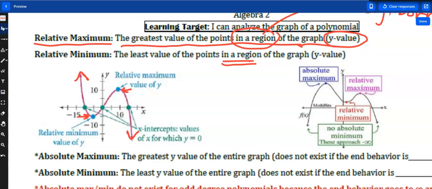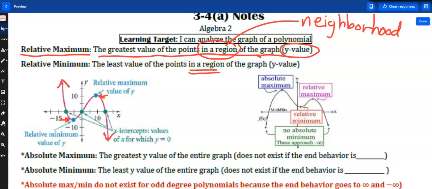But absolute max, the greatest y value of the entire graph, does not exist if the end behavior is up, either end behavior. And then absolute min does not exist if the end behavior has a down in it. Either side has a down in it. So up takes care of all the absolute maxes, and down takes care of all the absolute mins. But you can still have relatives.